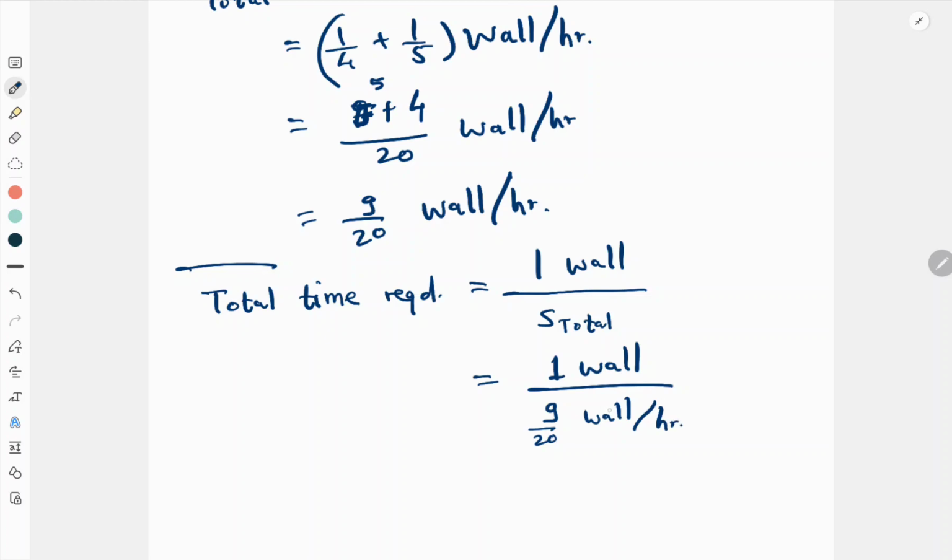I'm carrying the units because it's also a good sanity check for these types of problems, because we are working with non-standard units. It's not meters per second or kilometers per hour, it is walls per hour. So I don't want to make a mistake now that we have gone through all the steps here. I want to see that the wall and wall units get cancelled here, and therefore I get 20 divided by 9. The hour in the denominator of the denominator will come in the numerator, so this will become 20 divided by 9 hours.